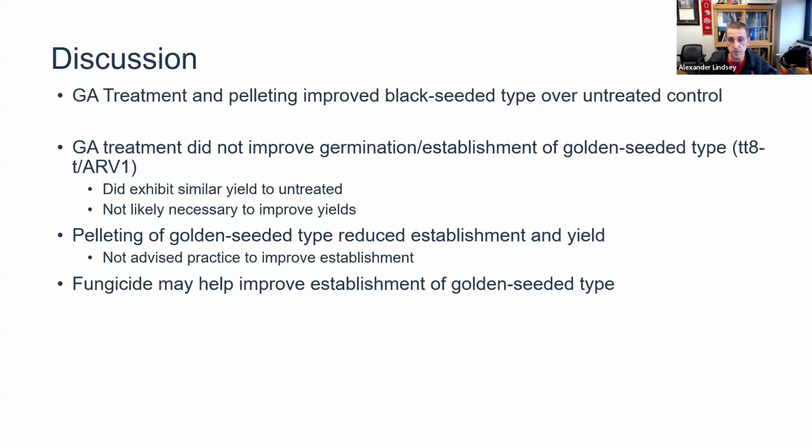Pelleting of golden seeded types reduced establishment and yield, and it's not an advisable practice. And fungicide may help to improve establishment of the golden seed type. We may want to look more into this in the future and do more investigations as far as how that fungicide may be improving establishment before fully recommending a prophylactic fungicide seed treatment moving forward.